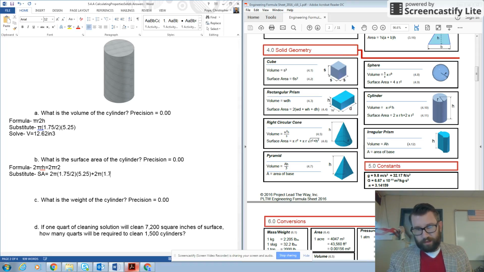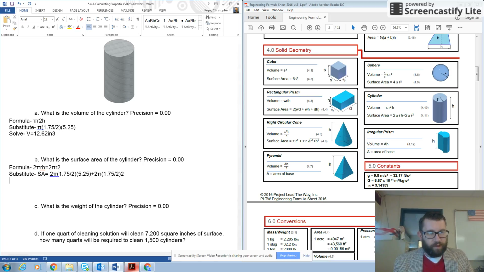Then 1.75 divided by 2 for r, and then I'm going to square that. There's my formula for surface area, and I'm going to solve it by plugging all of these things in.